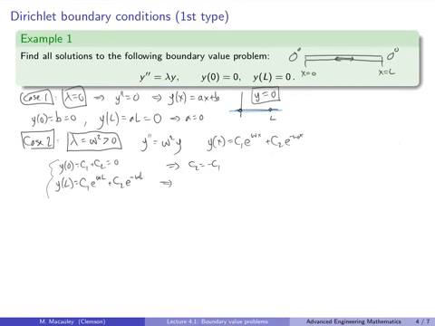And so if we plug that in here, what we get is c1 e to the omega L minus c1 e to the negative omega L, which is c1 times e to the omega L minus e to the negative omega L equals 0.